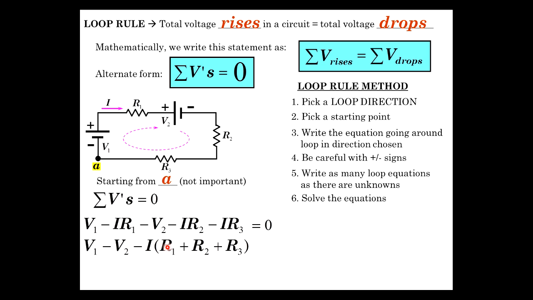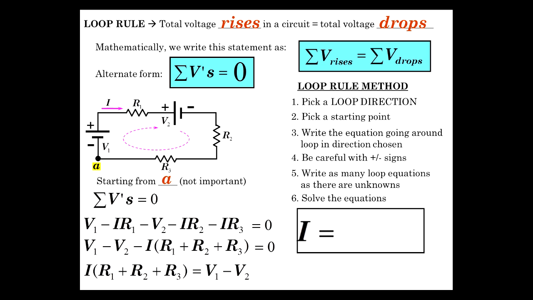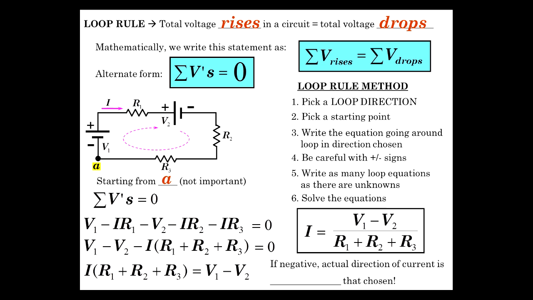So minus I times (R1 plus R2 plus R3) equals 0. And so now we're ready to solve the problem. I times (R1 plus R2 plus R3), I basically put this on one side, equals V1 minus V2. So we can solve for the current, a simple ratio of the V's over the R's.